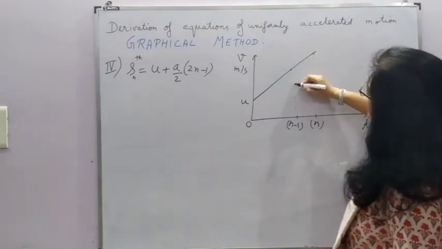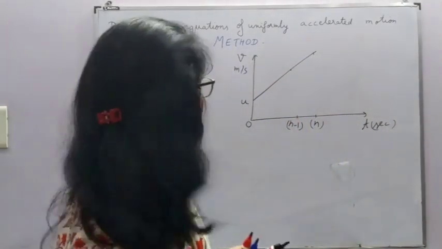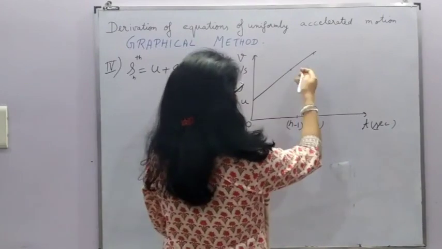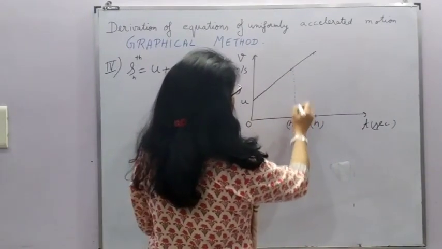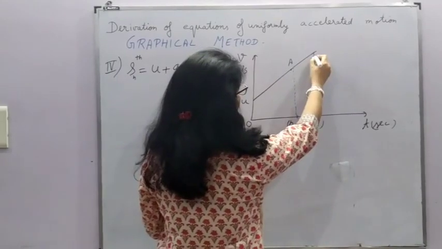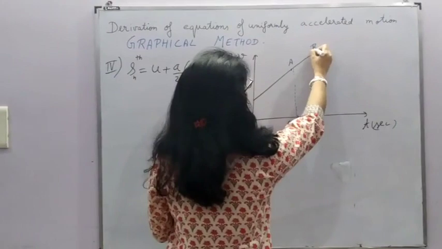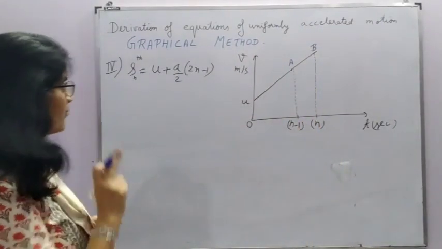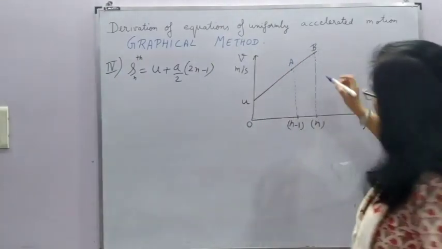This position corresponds to time n minus 1 seconds, suppose A in this graph, and at n seconds the position is B. And we have to find the distance traveled in nth second.